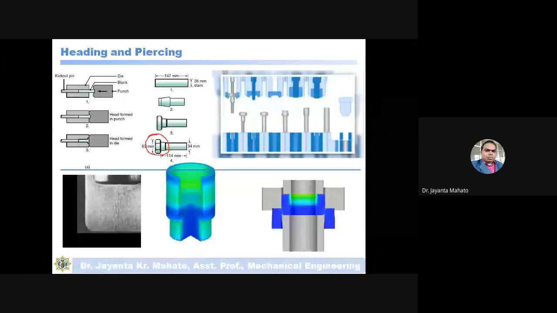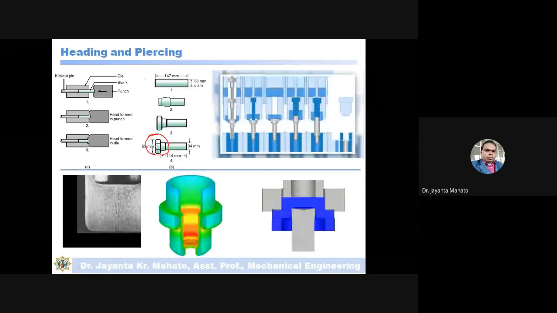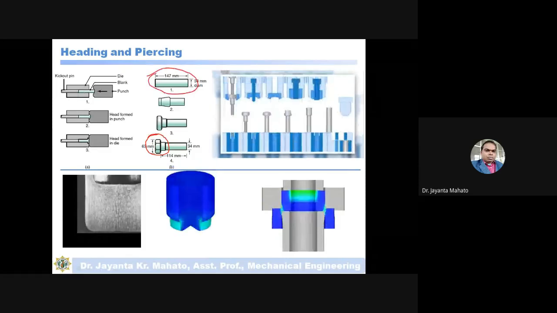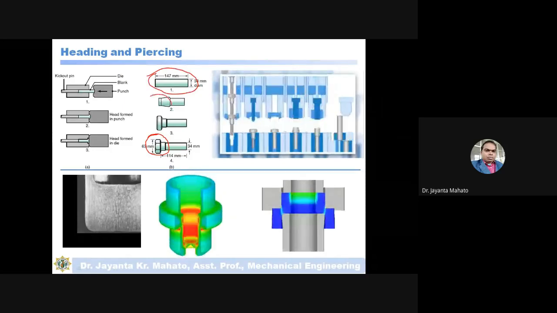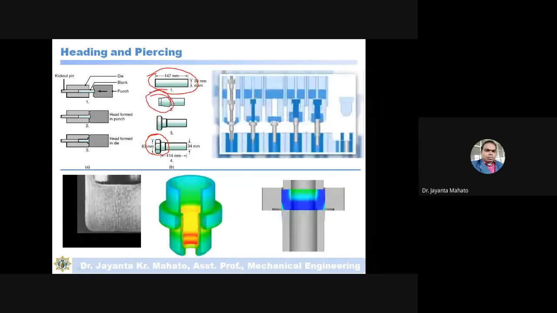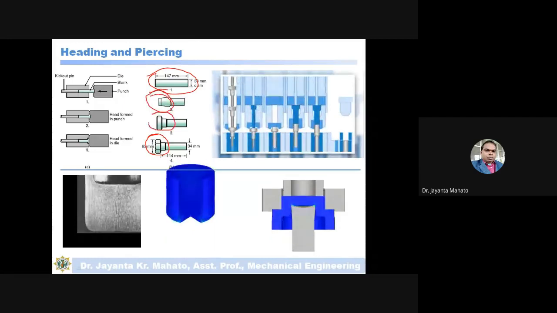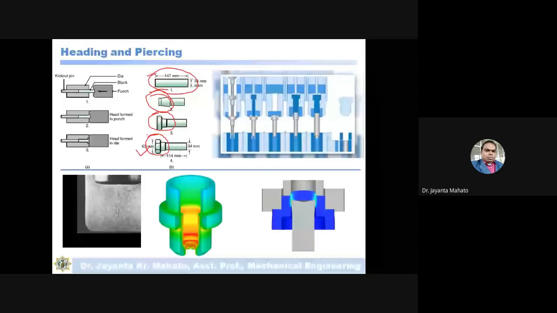This one is the blank part. First press this blank part, and we get this shape after the first impression. Then after the second impression, the head will be formed like this, and at the final step, ultimately you get the bolt. Just see this: the blank material is coming from here.